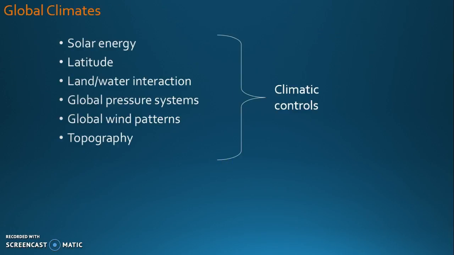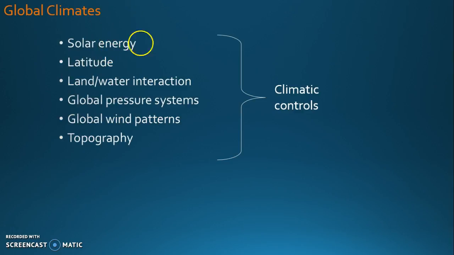Okay, climate. Solar energy, latitude, land-water interaction, all these are controls, things that determine the kind of climate we have. And basically, climate is determined by both temperature and precipitation. So, for example, latitude: places that are farther from the equator tend to be colder, such as Canada, Alaska.